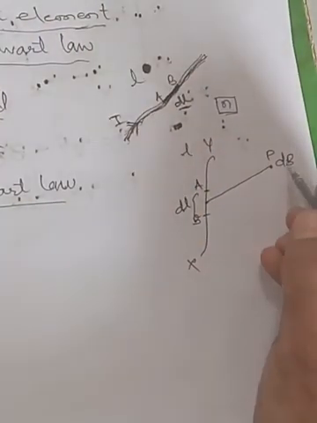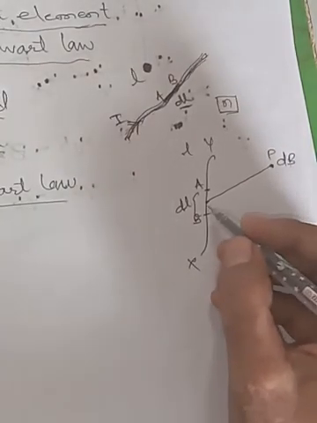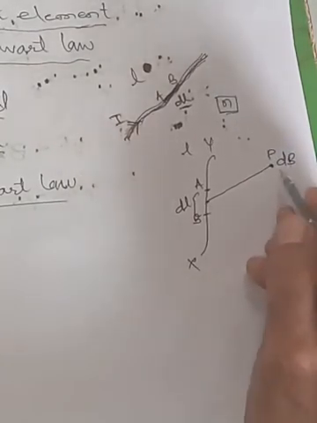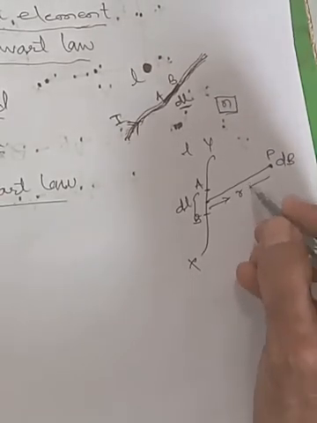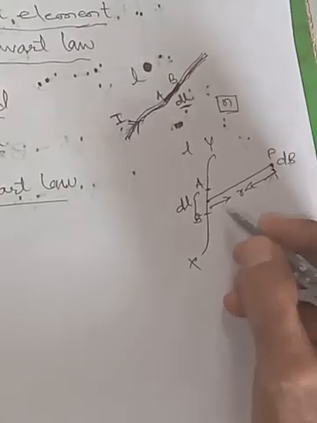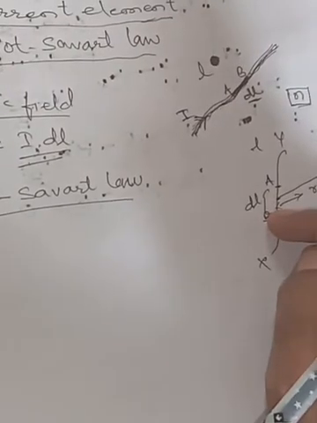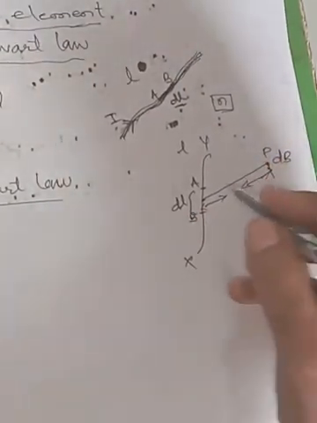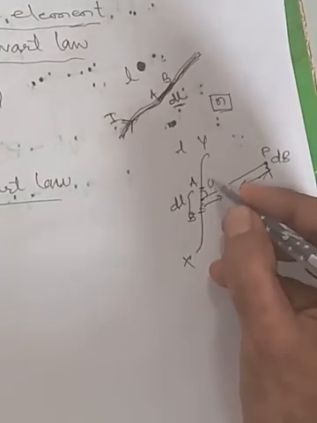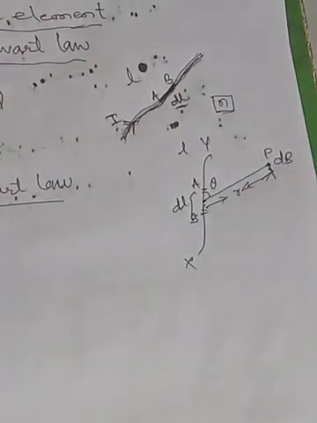At the point P, we have to calculate the magnetic field. Now, from this current element to the point P, the distance is taken as R. R is the distance between the current element and the point P. And suppose this current element makes an angle theta with the line joining the radius.